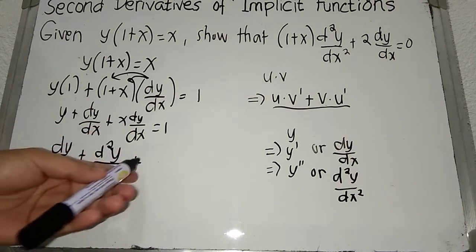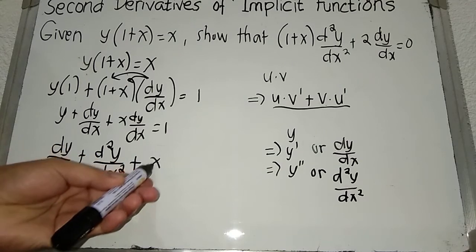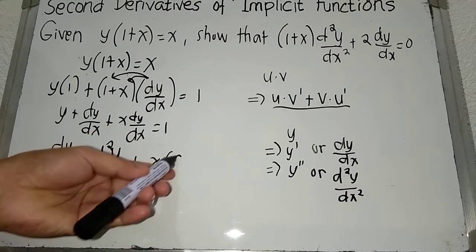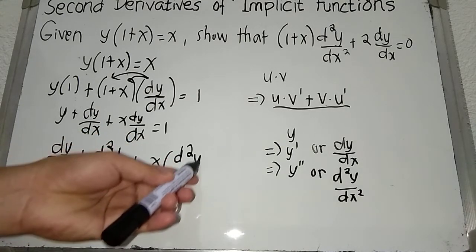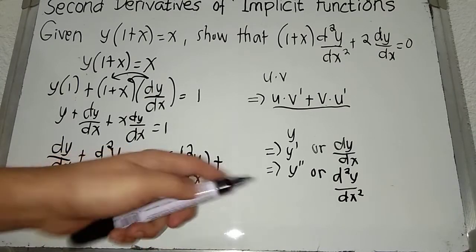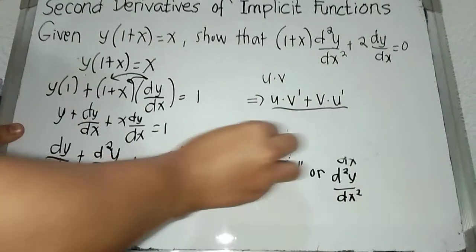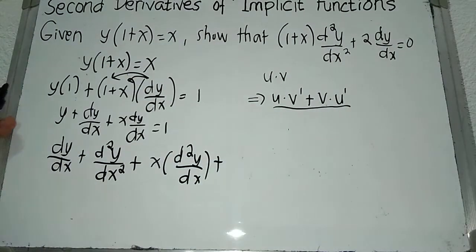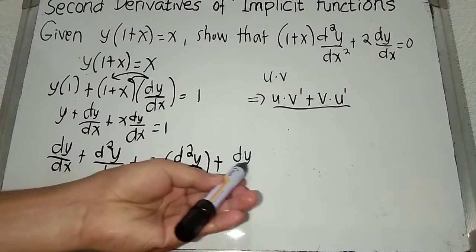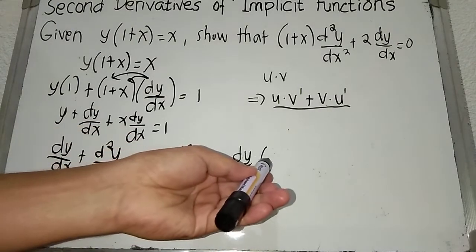Copying the x because that's the u, we have x times the derivative of dy over dx, which is the second derivative of y with respect to x, plus, because we have an addition operation, copying dy over dx times the derivative of x, which is 1.